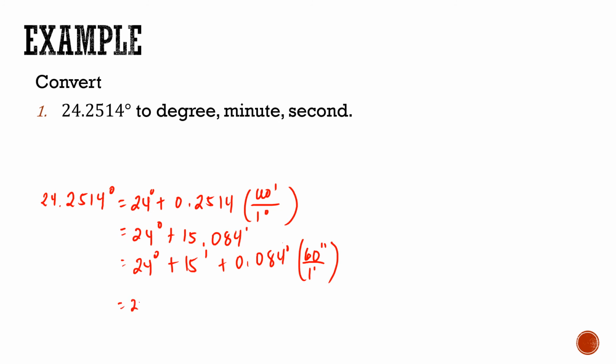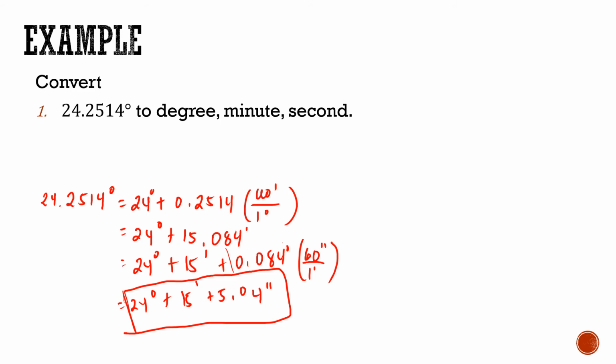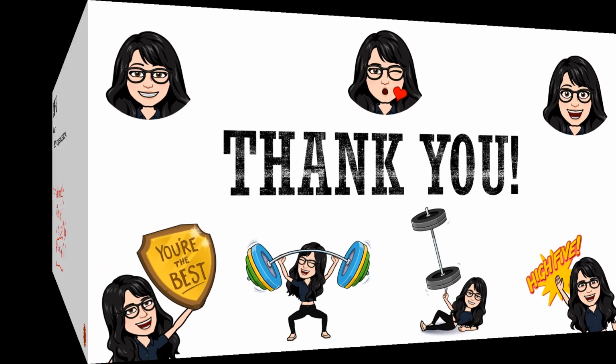So we have 24 degrees plus 15 minutes plus 60 times 0.084, which will give us a product of 5.04 seconds. So the answer will be 24 degrees plus 15 minutes plus 5.04 seconds. Thank you.